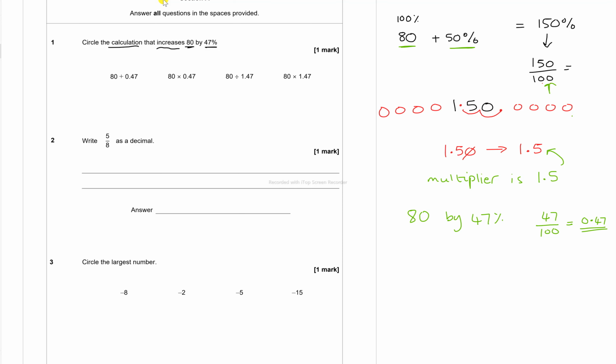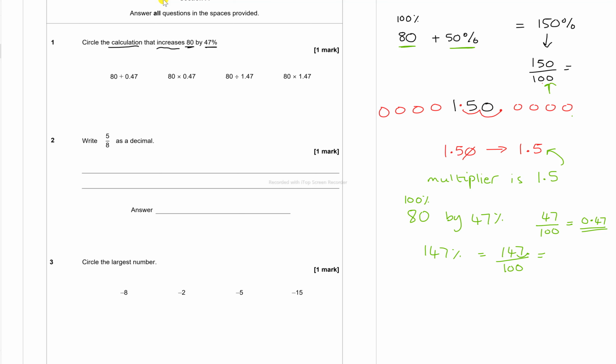So my full multiplier is 147. So if I had 147% equals 147%. And I'm going to divide that by 100, decimal point there.